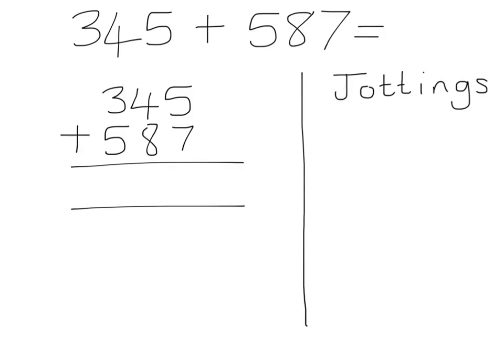Children who are fluent in all the methods demonstrated previously then begin to experience a more traditional formal method. They do this with the support of a jottings column. For example, 5 add 7 is 12. 40 add 80 is 120.